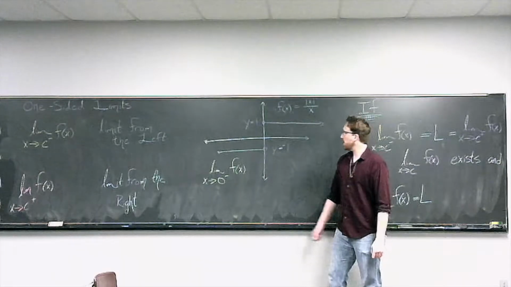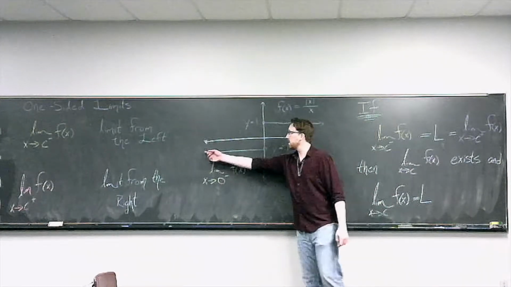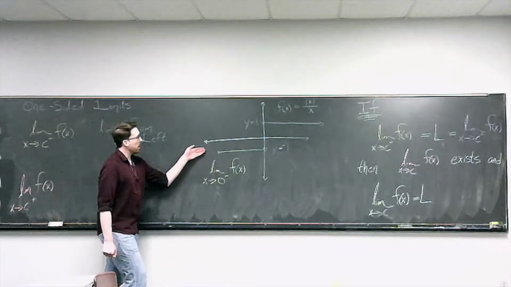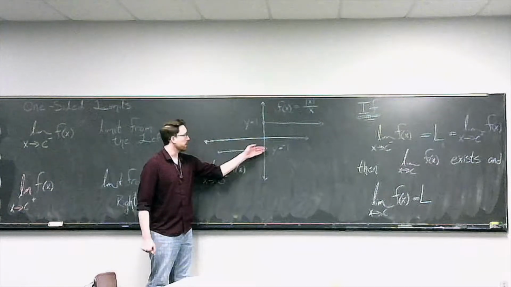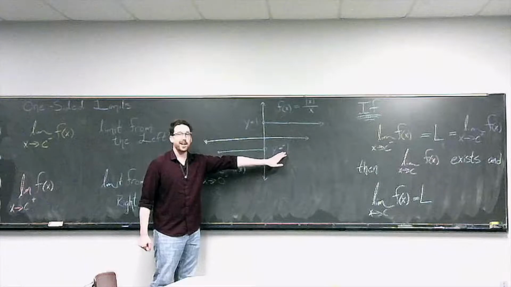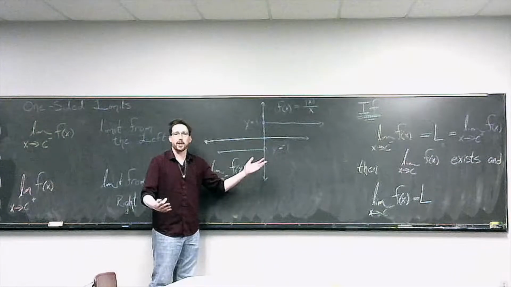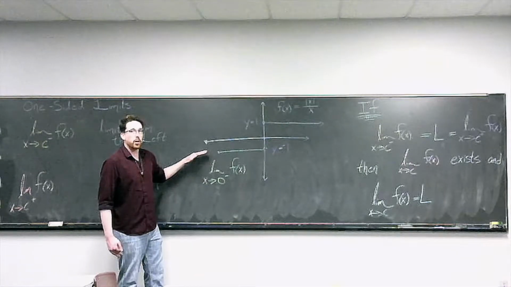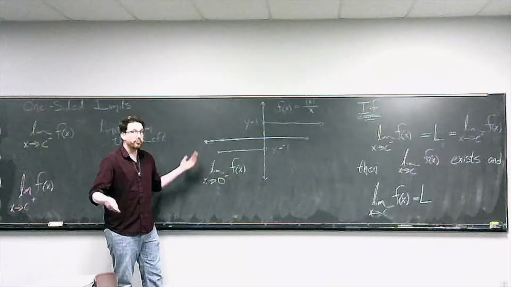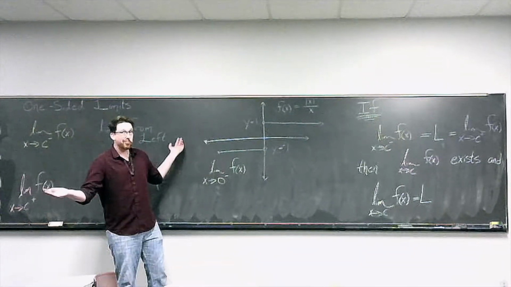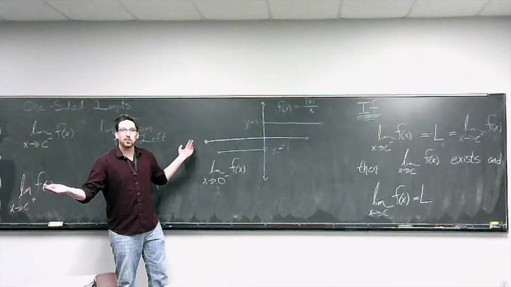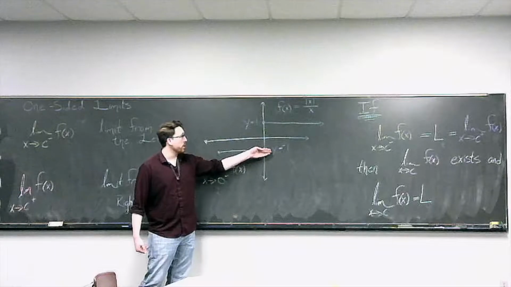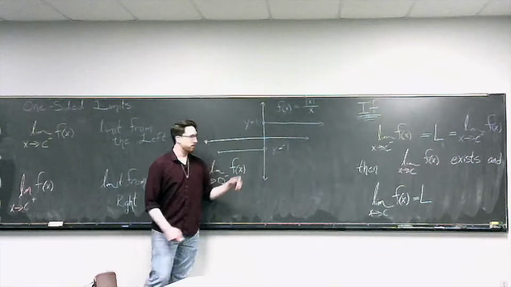Well, as we approach 0 from the left, our function just approaches -1, right? It's a constant for anything to the left of 0. So as we get closer to 0, we're just getting -1 back. So coming from the left, our function approaches -1.